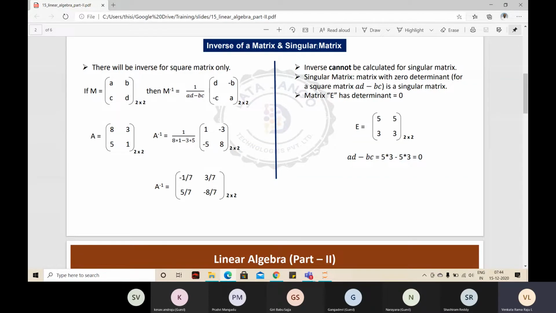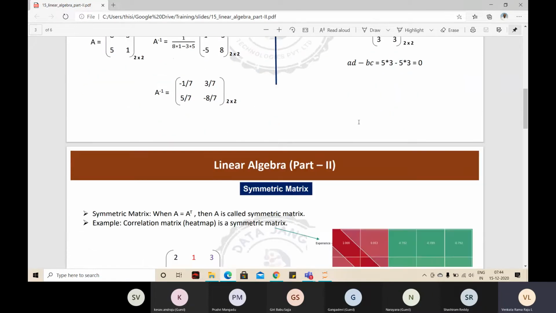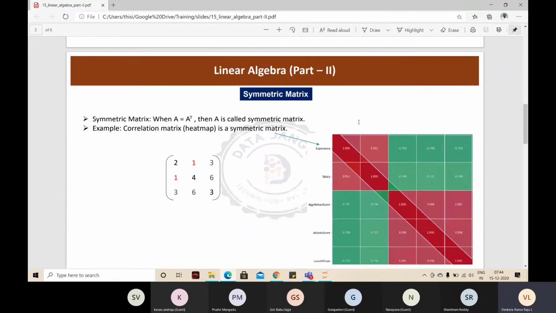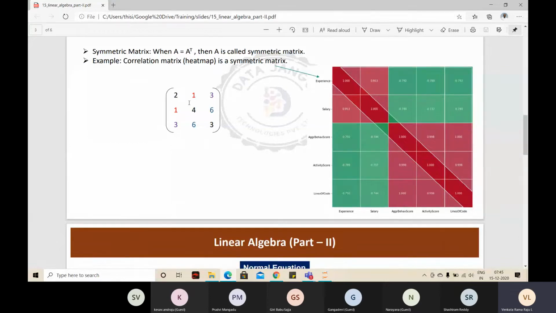A symmetric matrix is one where the upper triangular and lower triangular values are the same. That is symmetric. Singular means no inverse, determinant is 0. See, this value is equal, this value is equal. If you fold it along the diagonal, you will get the same triangle. That is a symmetric matrix.